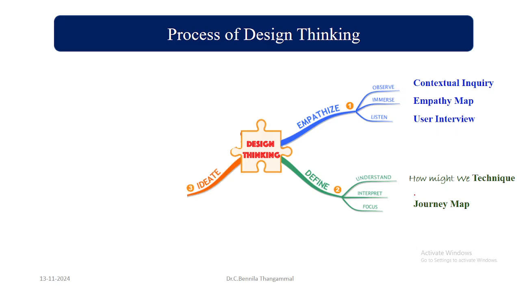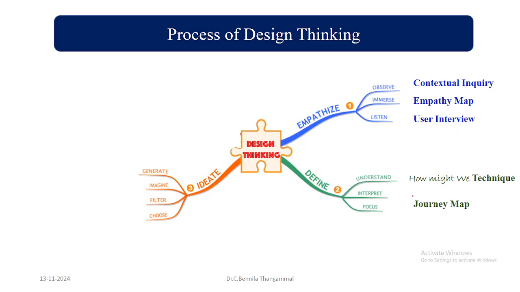So phase 3 is ideate. Ideate is to generate creative solutions to this problem. How can we generate a creative solution? We can generate, imagine, filter what we need, and then choose the best one.